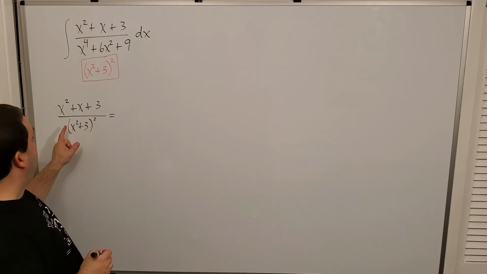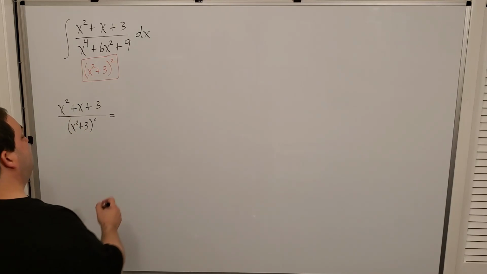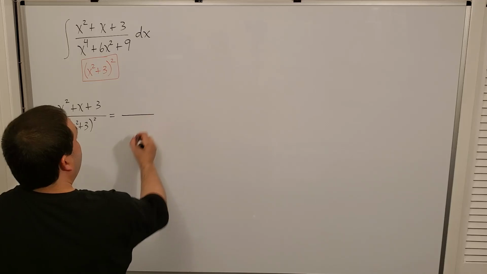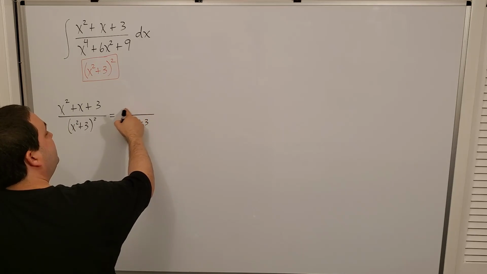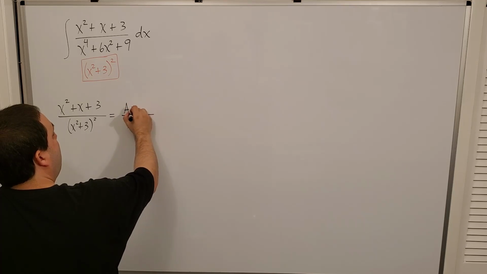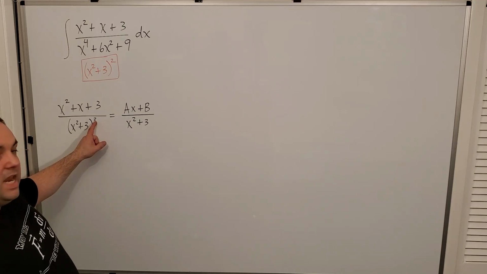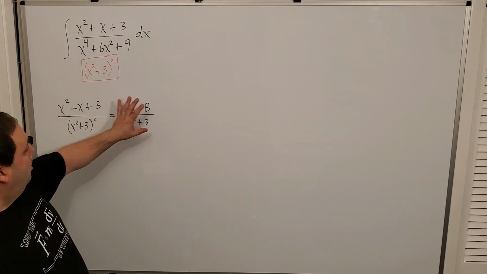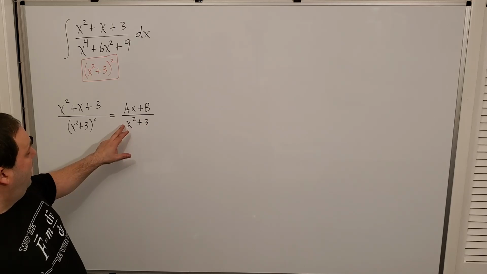So I've got a quadratic factor here, which means when I write my fraction pieces over here, like x squared plus 3, I have to do a linear numerator, not just a constant. So ax plus b. Now remember, this is a repeated one. Okay? So I start with a single, right? X squared plus 3 to the 1 power.